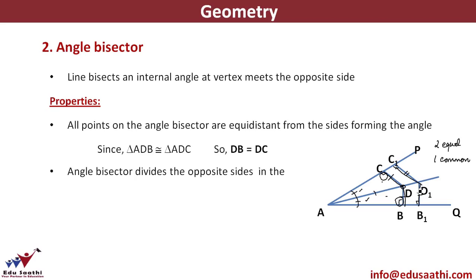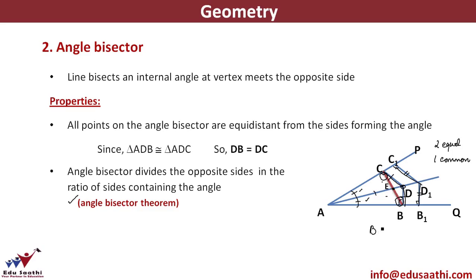The property of angle bisector is that the angle bisector divides the opposite side in the ratio of the sides containing the angle. This is the angle bisector theorem that we have. So if I look at the third side as CB and this point as E, in triangle ABC with an angle bisector AE, the opposite side, which is BC, is divided in some ratio.